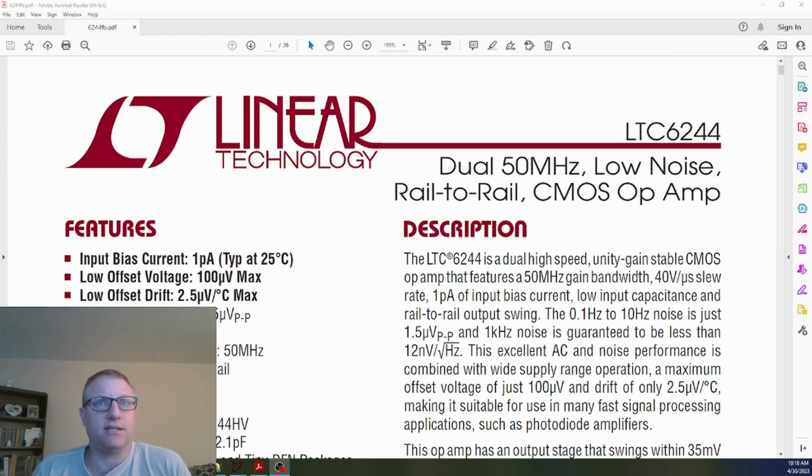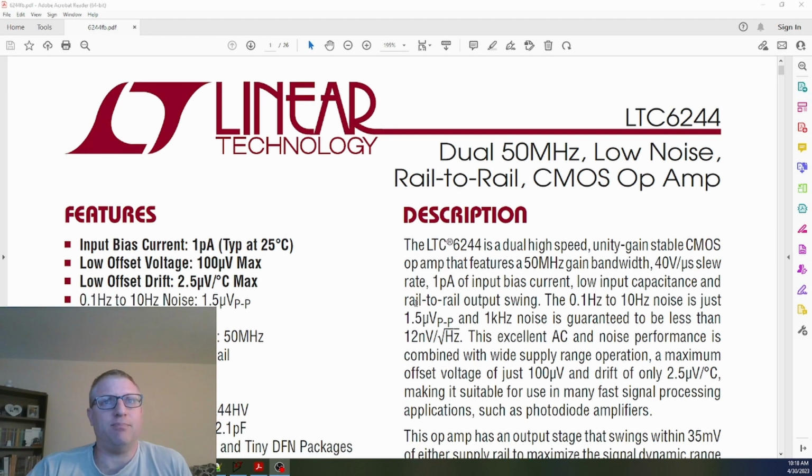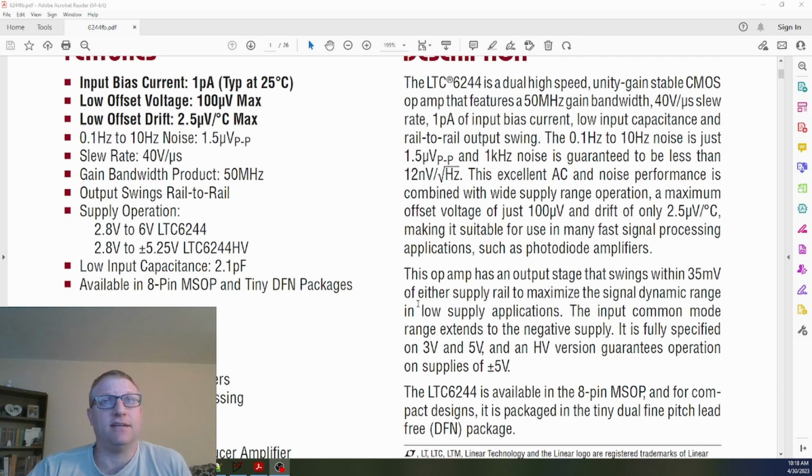So when we look at the data sheet, the first thing that we come across is the cover sheet. And the cover sheet lists some basic things that we need to look at and come to understand. These are their general values that they've given to this. It's the input bias current.